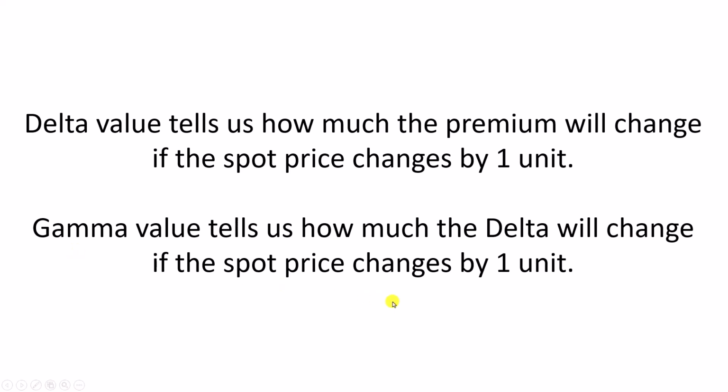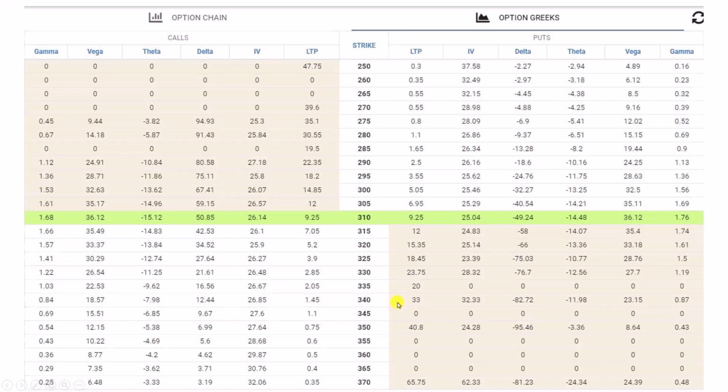So let me take an example. I will take the example of Canara Bank itself, the same example that I had taken to explain delta. I have strike price here, 310 is at the money. So if you see here, I have delta for call, I have delta for put, and the last column is for gamma.